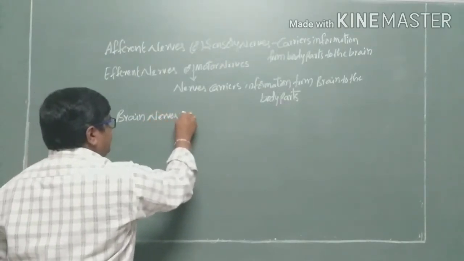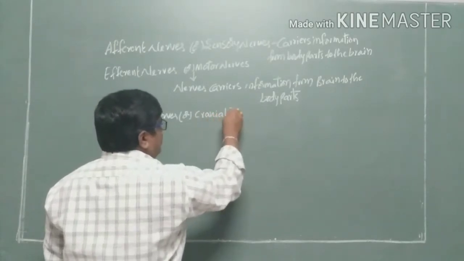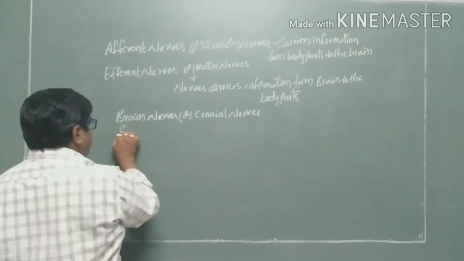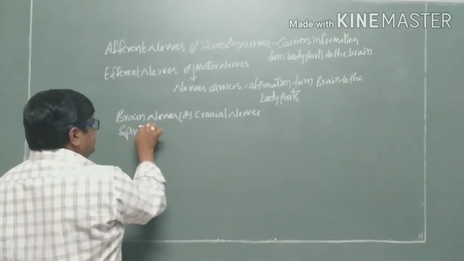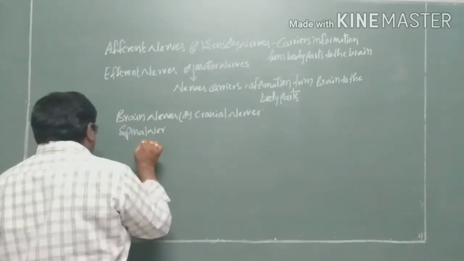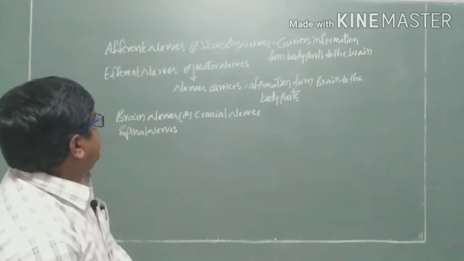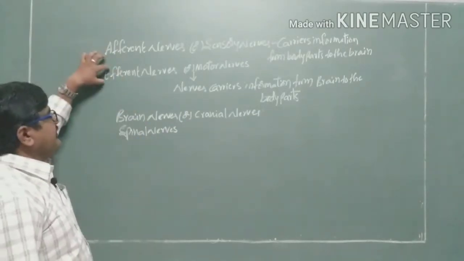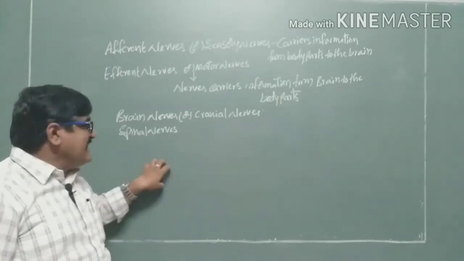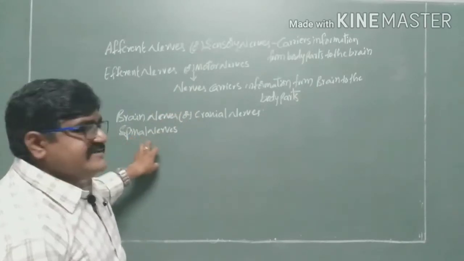Brain nerves are otherwise called cranial nerves, and also the spinal nerves. So not only afferent and efferent, or sensory and motor nerves, but along with these there are both the cranial nerves as well as the spinal nerves.